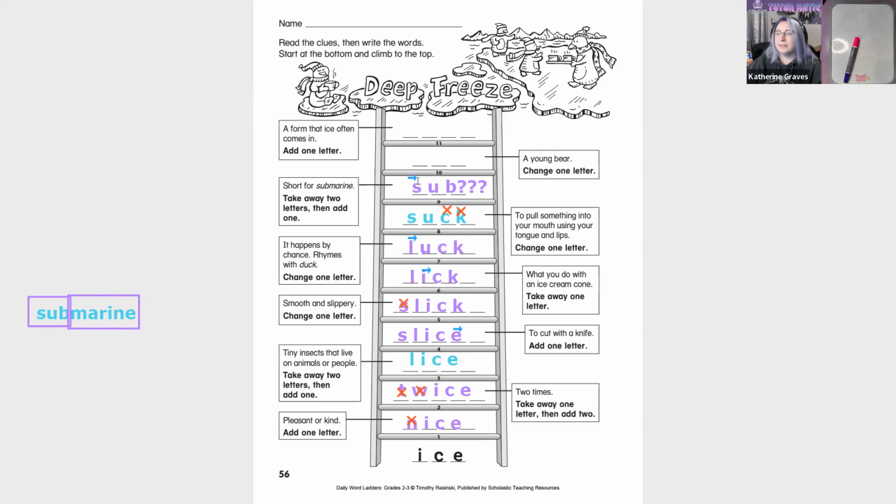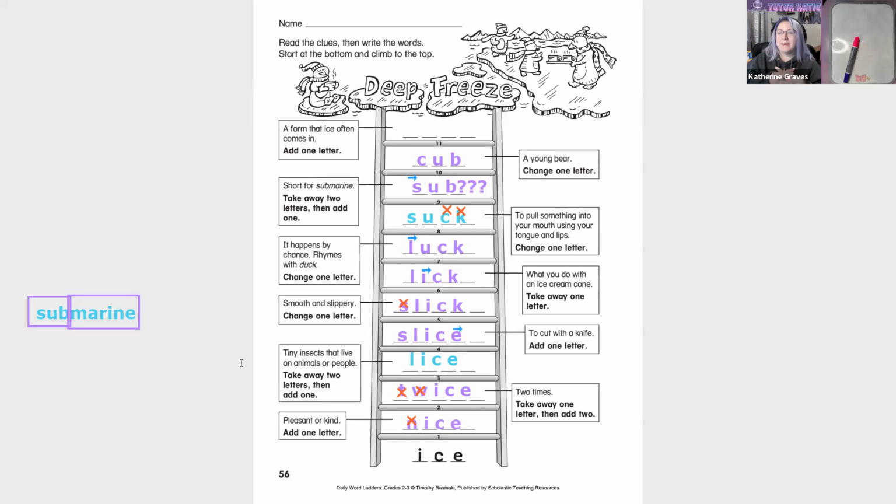We're going to only change the first one. So we have U and B, and it's a young bear. Or it could be some other small animal, but the baby version of it is called this. Yes, exactly. Good job. All right, last one.